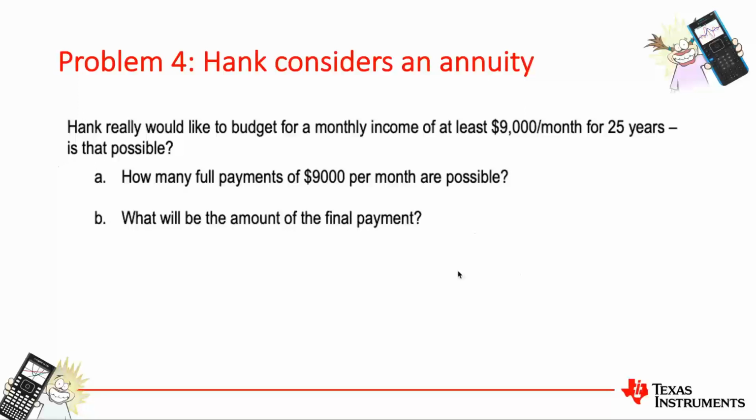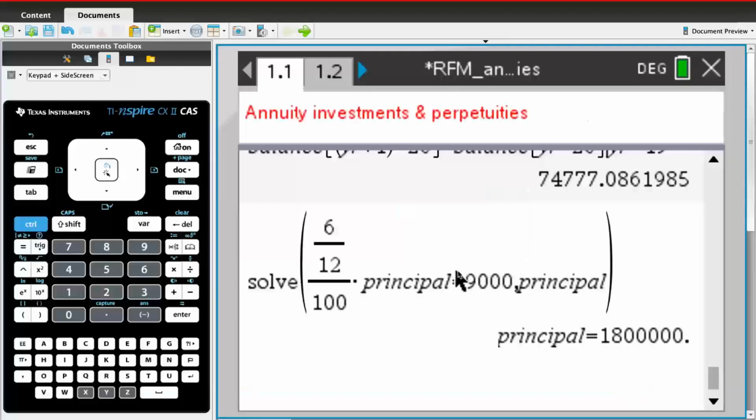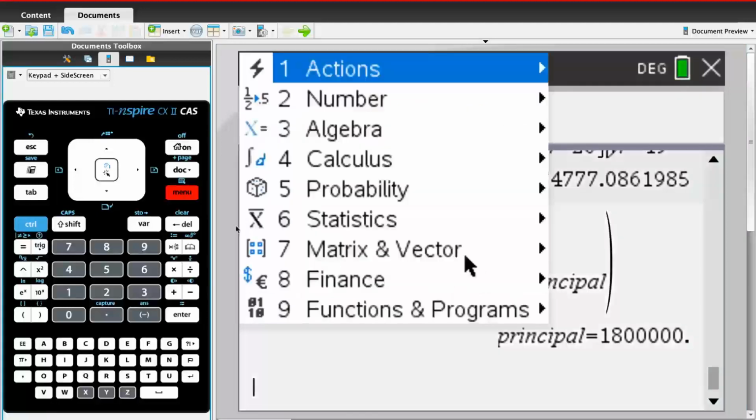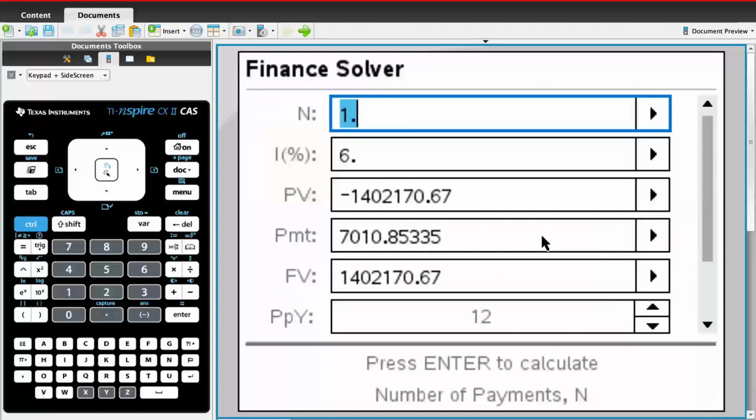Okay, so transfer back to the calc, and we can now go back into the solver menu, finance solver. So we want to calculate how long he can get 9,000 for.